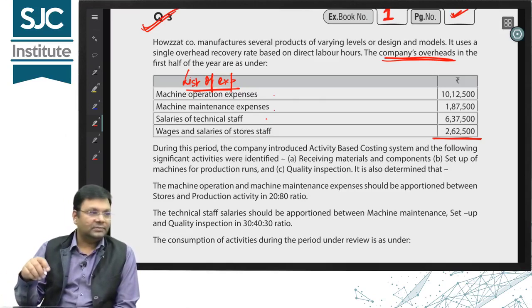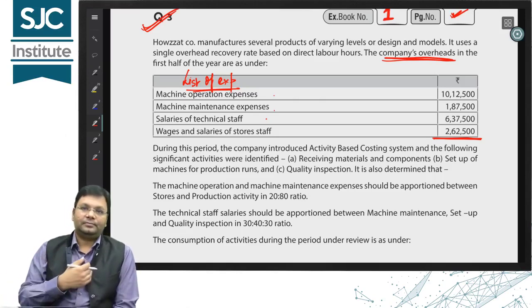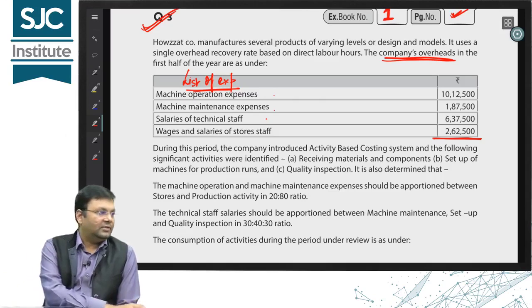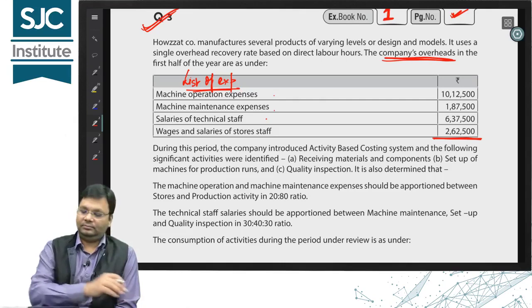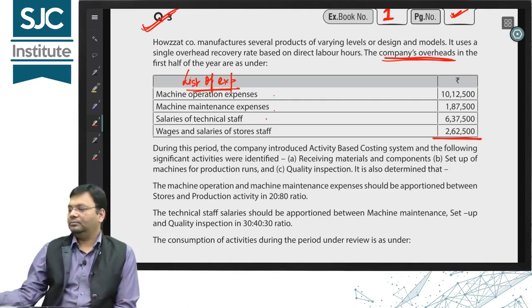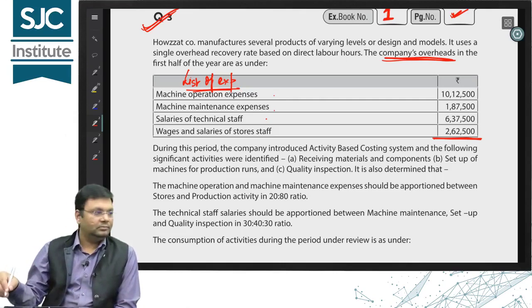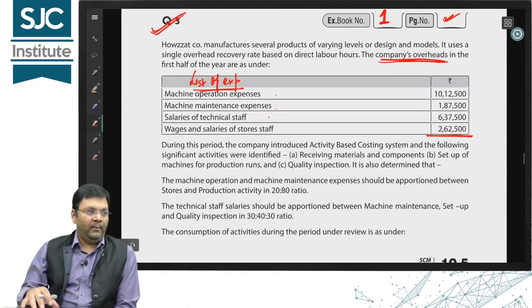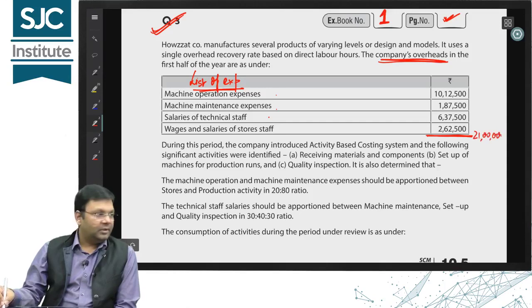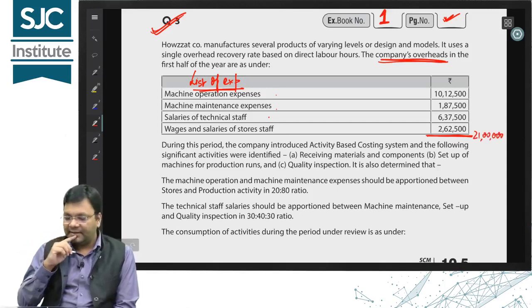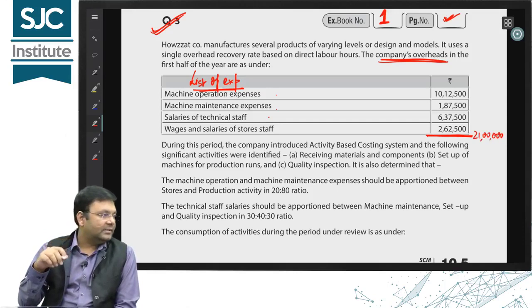What is the total? Total is coming 21 lakhs. Okay? All right. Yes, 21 lakhs.